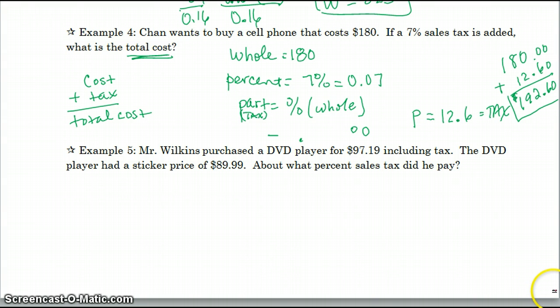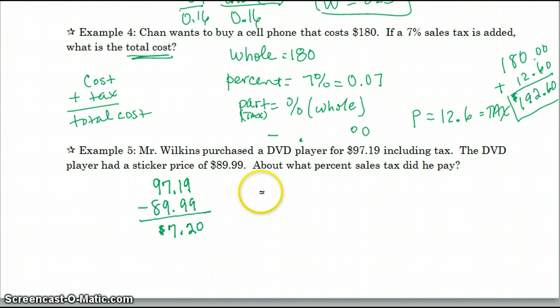He paid a total of $97.19, but it really only cost $89.99. I don't know what percent sales tax was, but when you subtract those, it's a difference of 7.20. So that's how much tax cost. I don't know what the percent is.